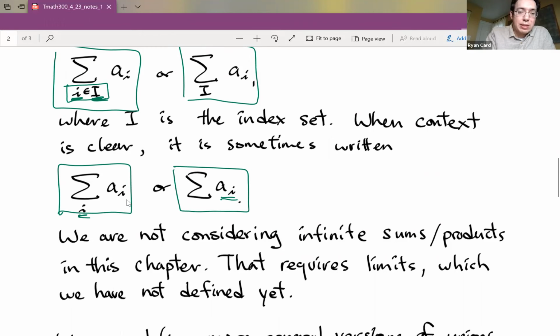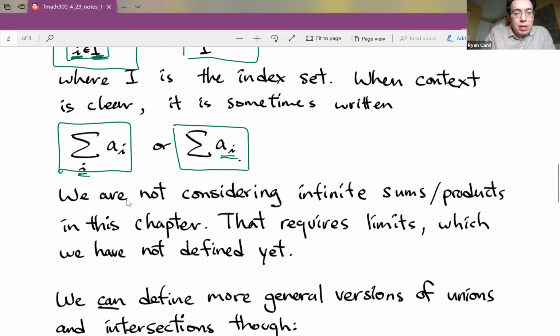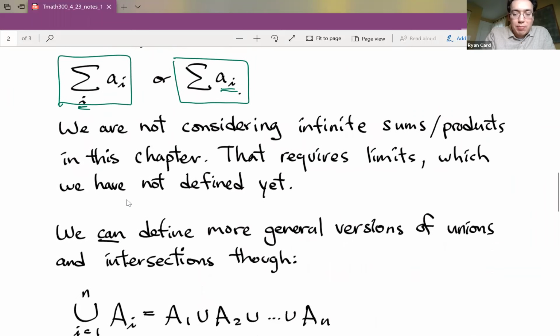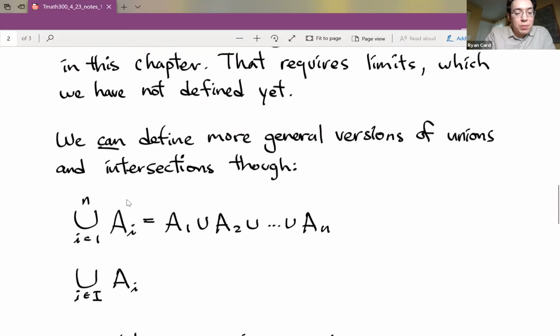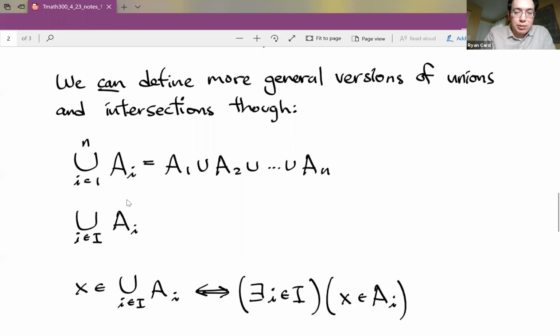So for infinite sums and infinite products, you don't have to worry about how they're defined. But there are other things that we could do. We've talked about unions and intersections, and you could definitely do this for infinitely many index sets.